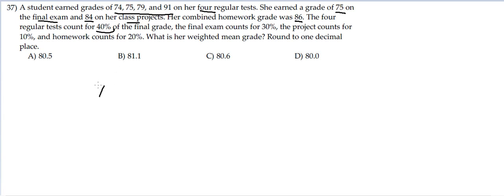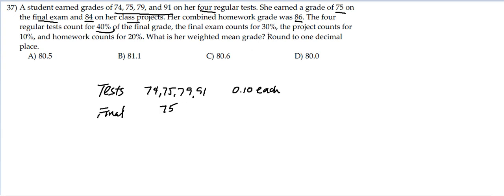So we have the tests, right? That was 74, 75, 79, 91, and those count 10%, 0.10 each. We can think of it that way. She has the final, and it's a grade of 75, and the final counts 30%, so we'll call that 0.3.